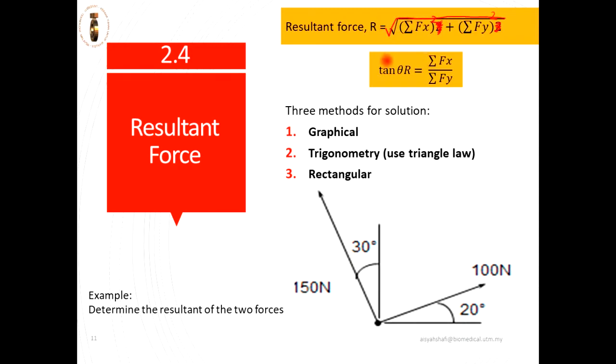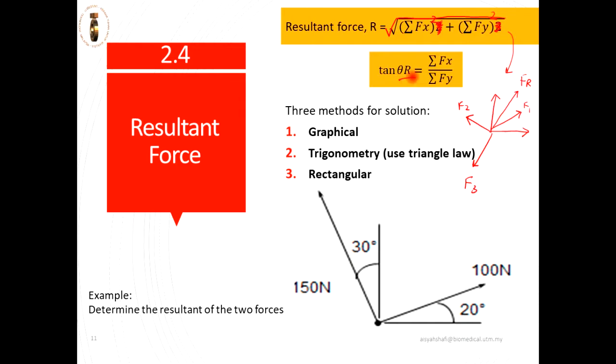So the resultant force of the system, you can measure by this formula, and to know theta r, the direction of the resultant, for example if you have F1, F2 and F3, after using this formula you get the resultant force, and for example the FR is here, FR, the resultant force after you add all of these forces.